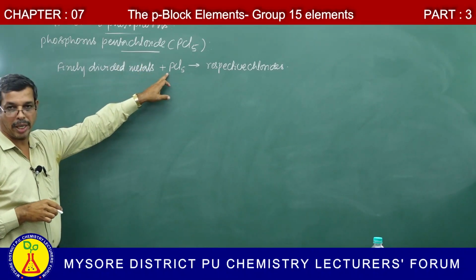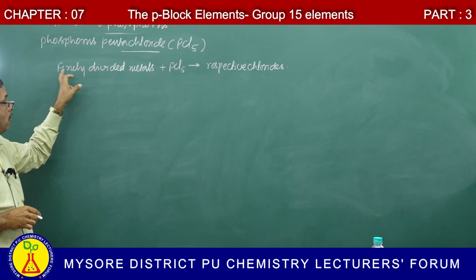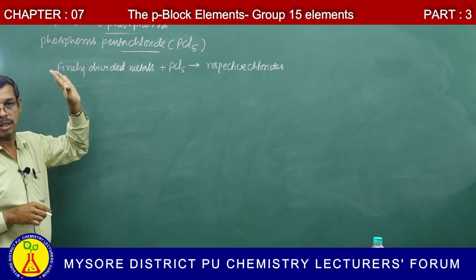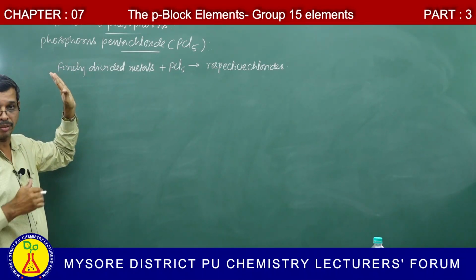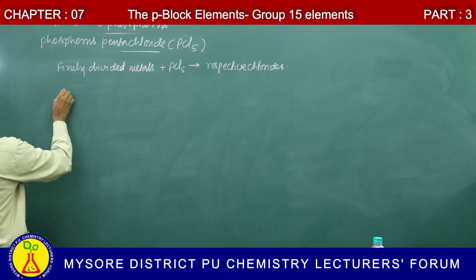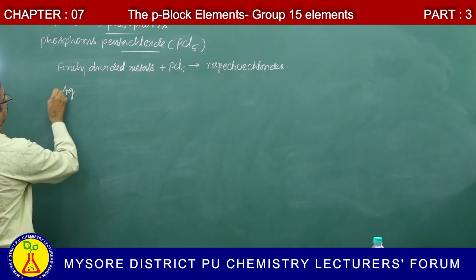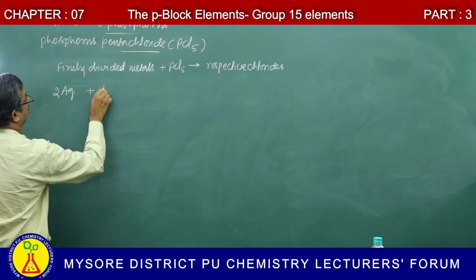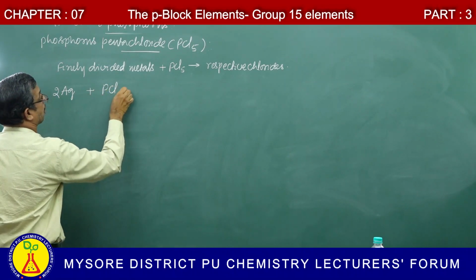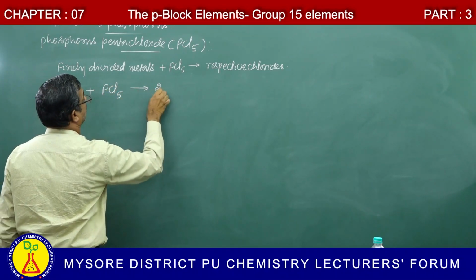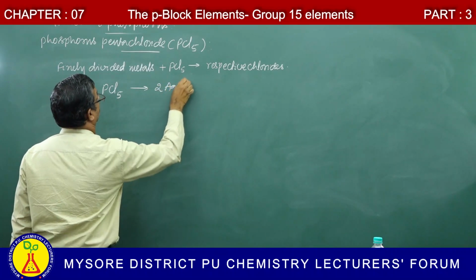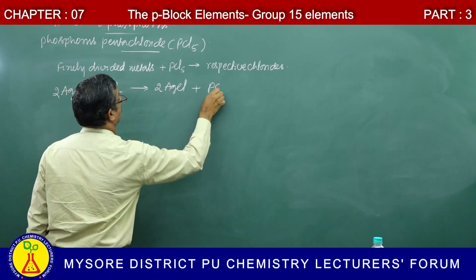Phosphorus pentachloride also reacts with finely divided metals on heating. Look here, Ag plus PCl5 gives 2 AgCl plus PCl3.